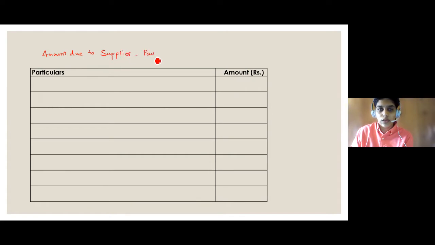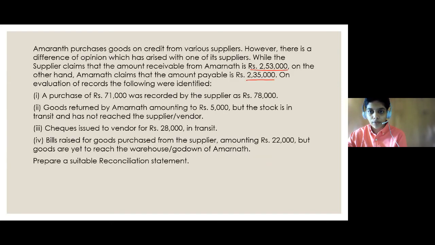And we'll call this a payable reconciliation statement. Now, as we do in the bank reconciliation statement, we start with one of the balances. So here also, we will be starting with one of the balances.